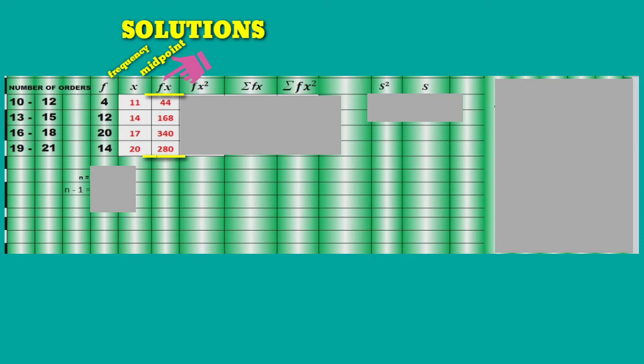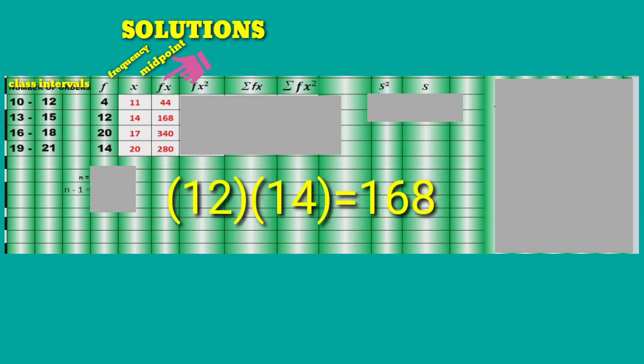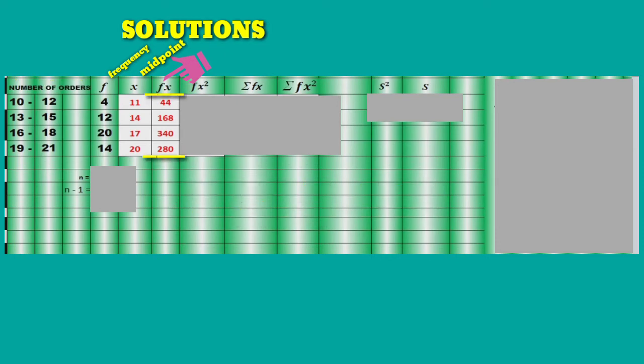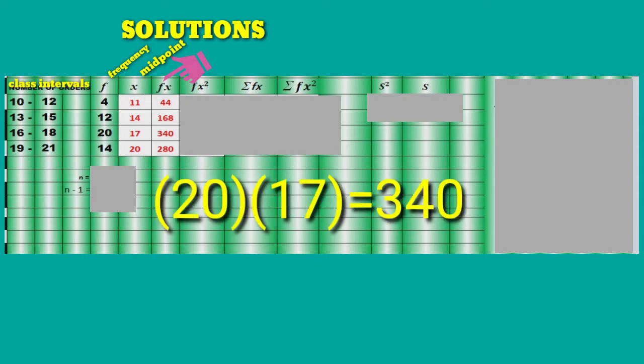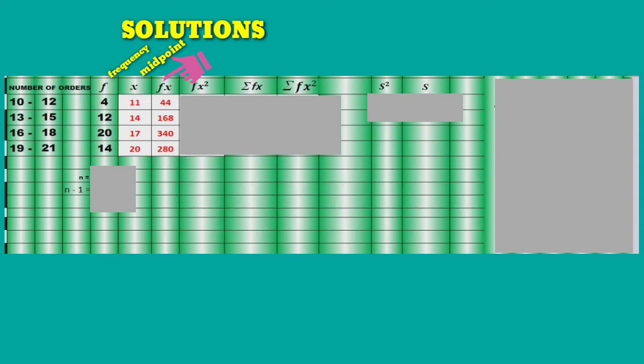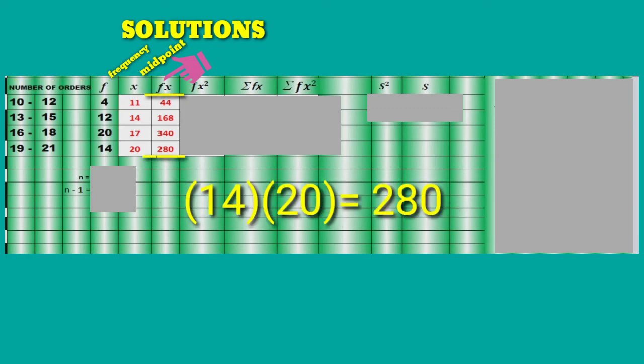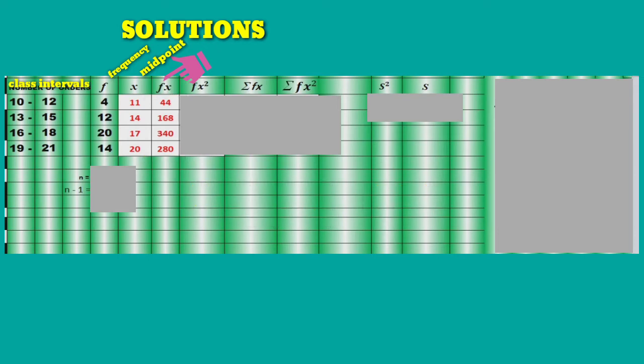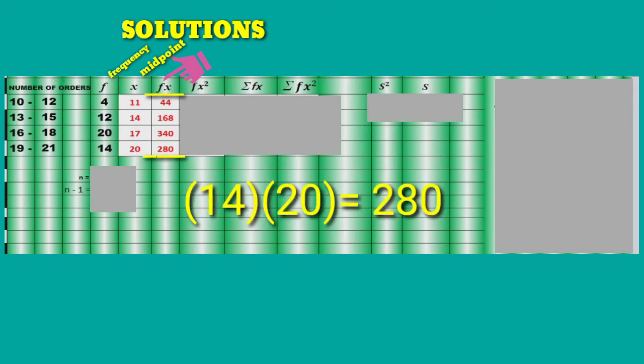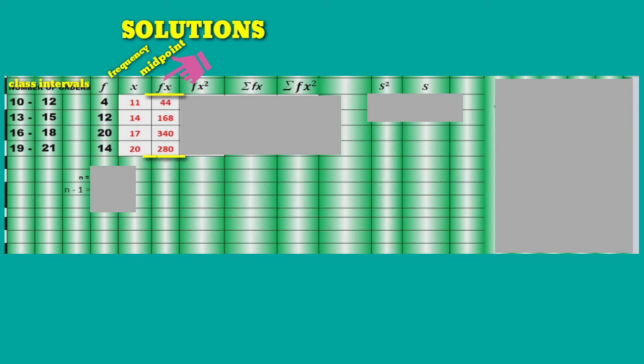To get 168, multiply 12 times 14, that is 168. To get 340, multiply 20 times 17, that is 340. To get 280, multiply 14 times 20. So that is how to get the column for fx. You just simply multiply the f and x column.